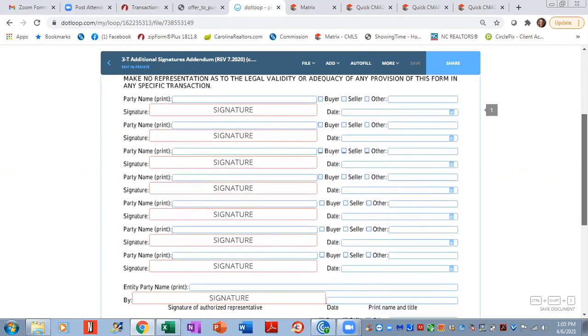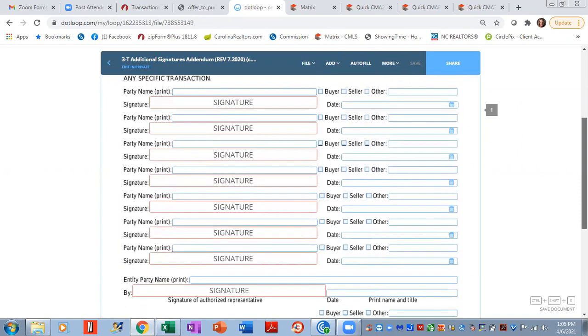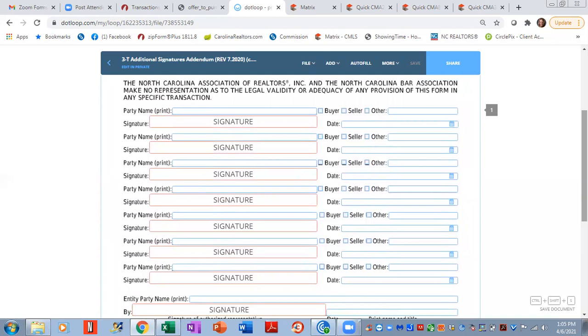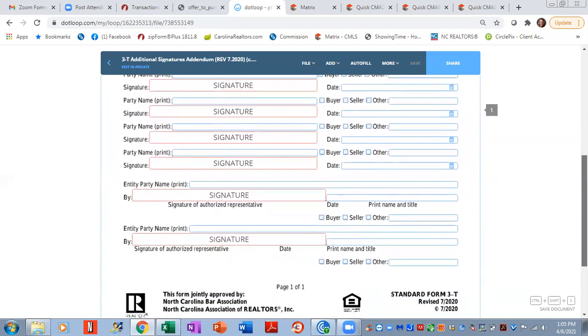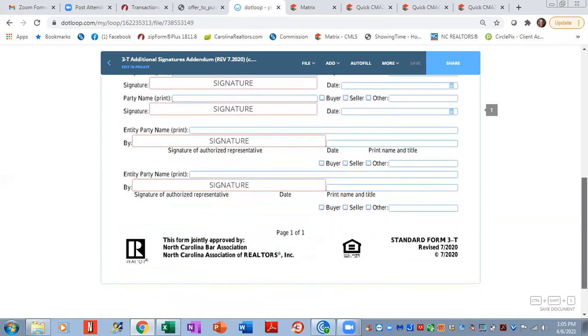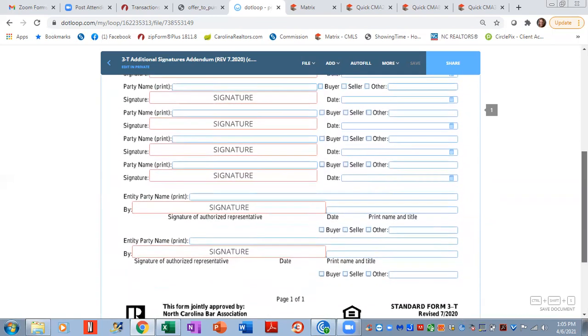And this gives you about 6 or 8 more options to put the parties' information, so their name. So this would just accompany your listing agreement if you have more than 2 people that are selling the home. Okay, so this is an additional signature addendum, and so it's the standard form 3T.